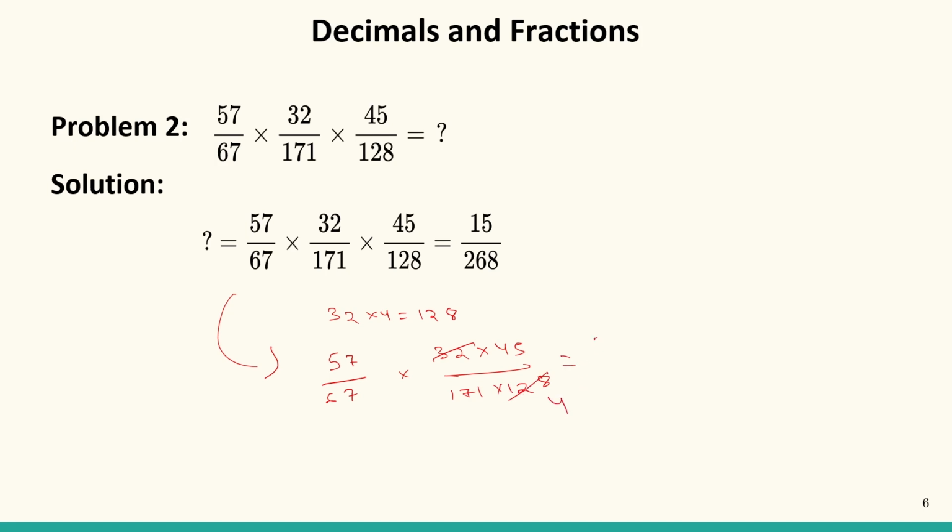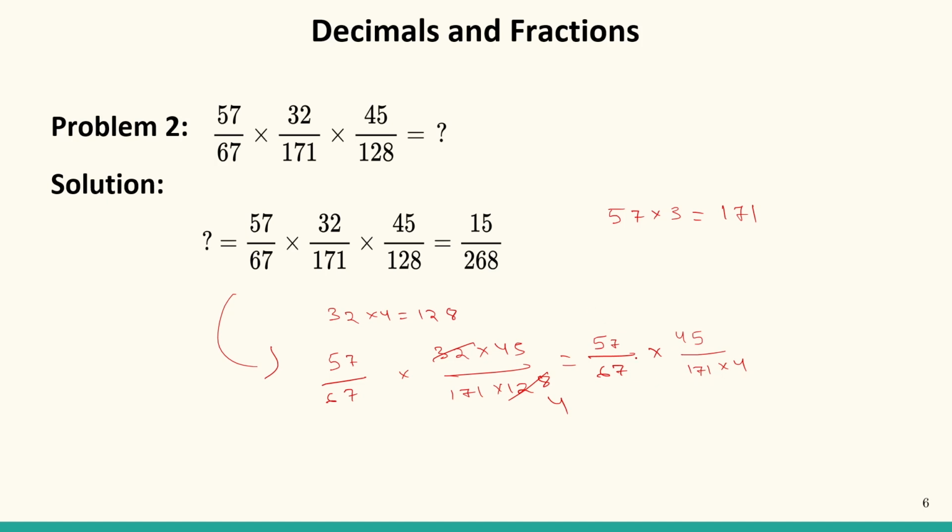So this is equal to 57 by 67 multiplied by 45 by 171 into 4. What you can see here is 57 multiplied by 3 is equal to 171. So here we have 57 by 67 into 45 by 171 into 4.